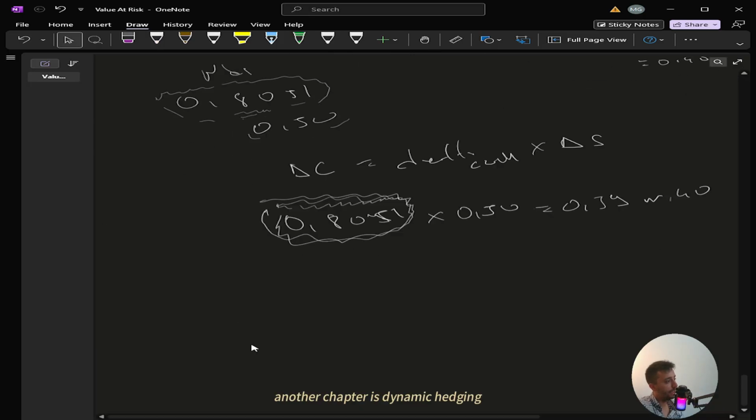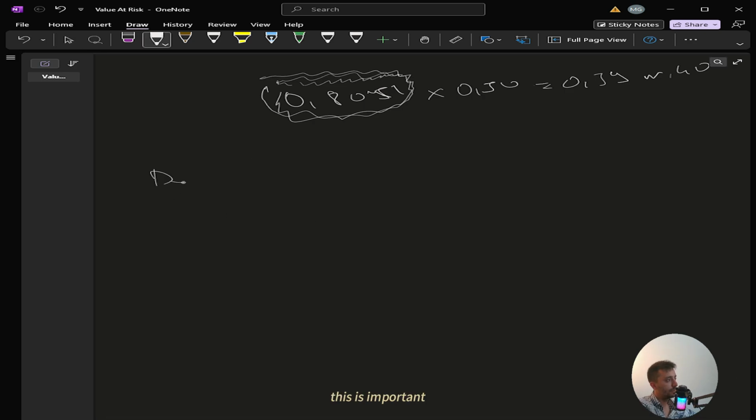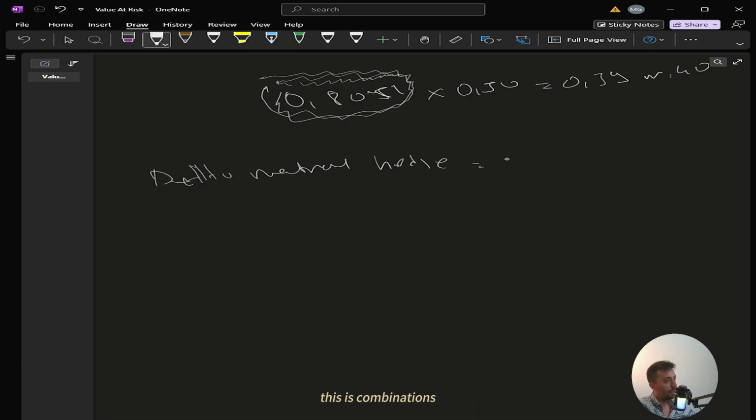Dynamic hedging. Another chapter is dynamic hedging. Delta natural hedge, this is important. Delta natural hedge: a combination of long stock and short calls.